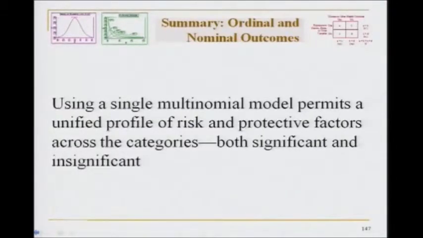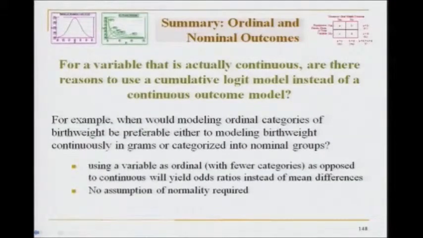Let there be some insignificant beta coefficients for certain variables predicting certain categories of the outcome variable, because then you can actually compare across those different contrasts. And this also is true, and it doesn't have to be a multinomial outcome.